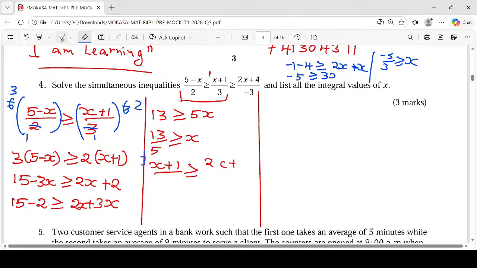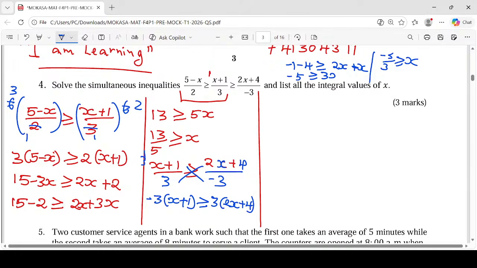When we were having x plus 1 over 3 being greater than or equal to 2x plus 4 over negative 3, to remove this, you can even cross multiply. When you cross multiply, we are going to have negative 3 into x plus 1 is greater than or equal to 3 into 2x plus 4.